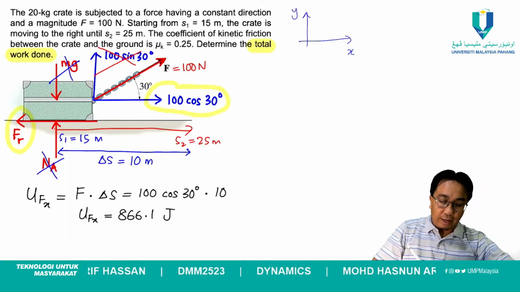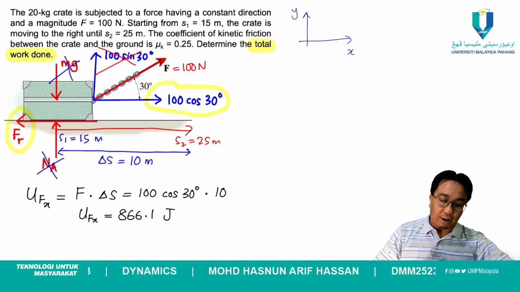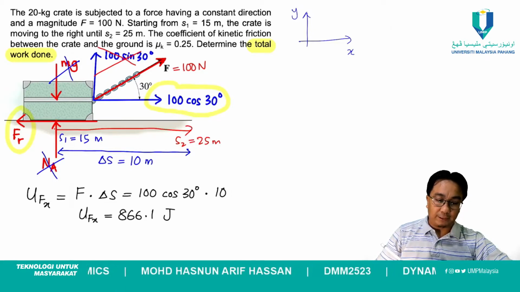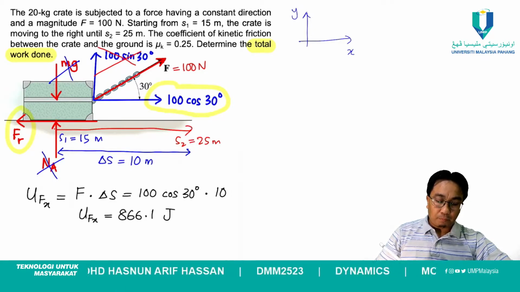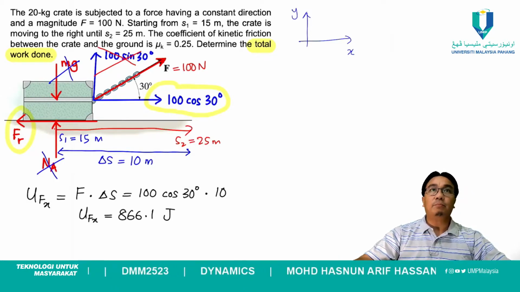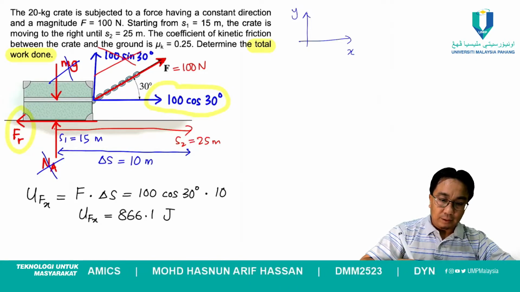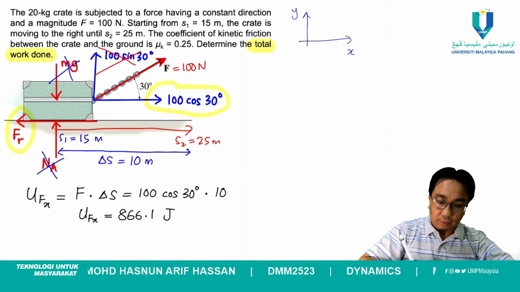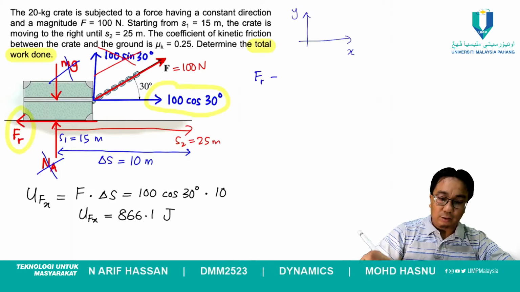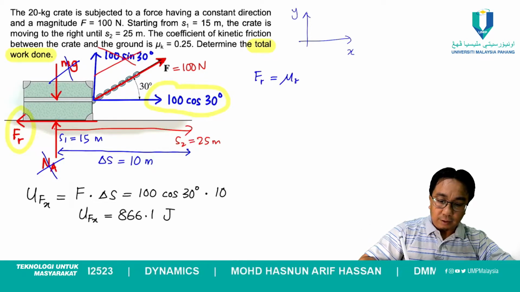We have another work done by friction, UFr, by friction. But we need to know what the friction force is. The Fr here, Fr is equal to mu k times N, right?